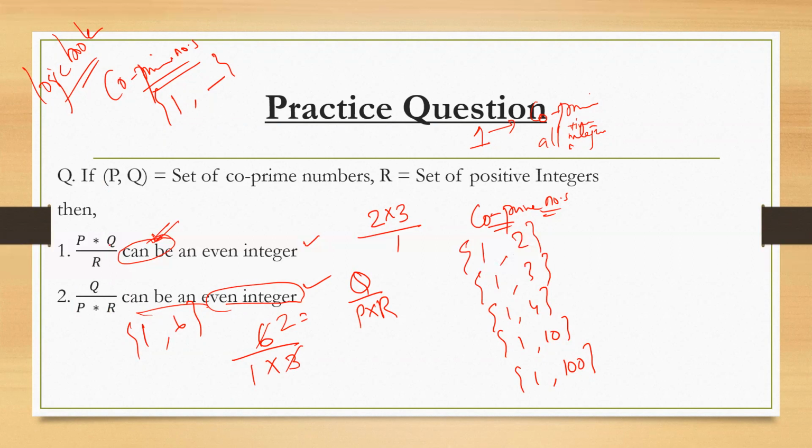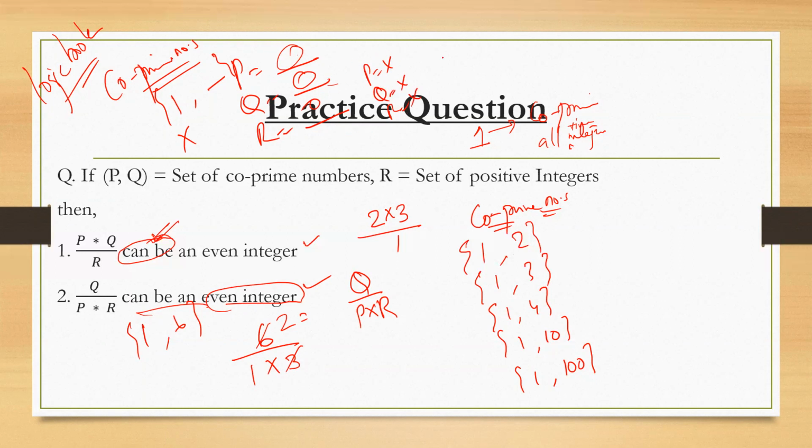If it is given P is something, Q is something, R is something, if it is satisfying all three conditions, let's say a value X is there which satisfies all the three conditions, and it is not mentioned that P, Q and R are unique or distinct, then you can take value of P is X, Q is also X, R is also X. There is no problem in that logic.